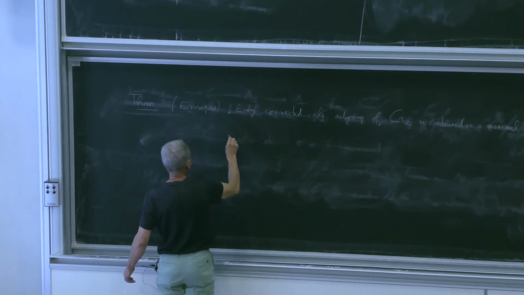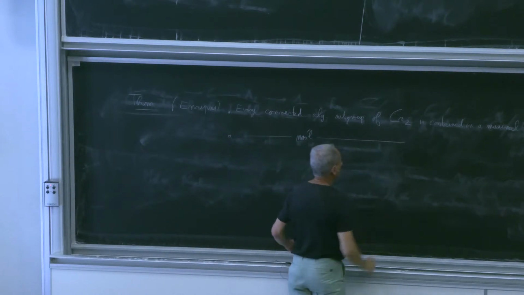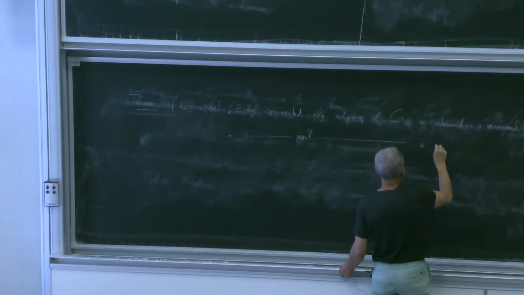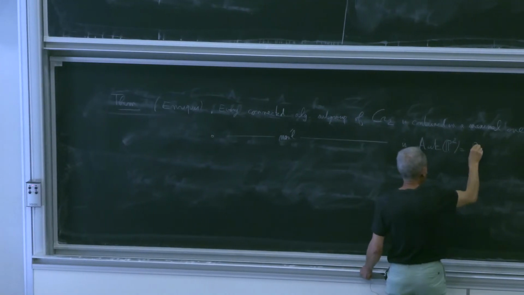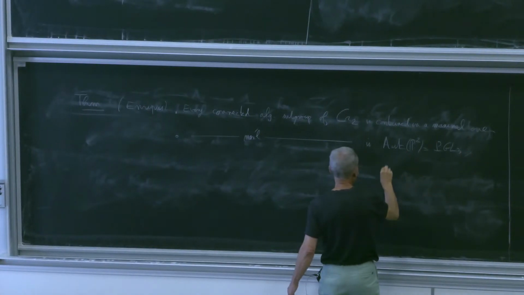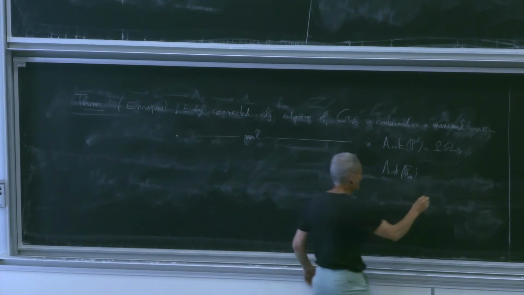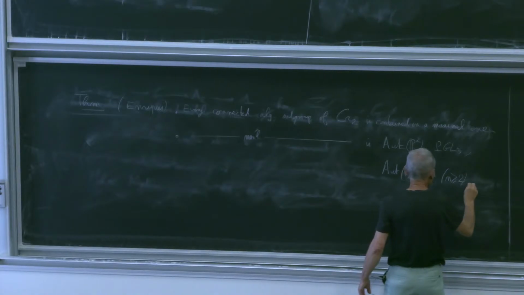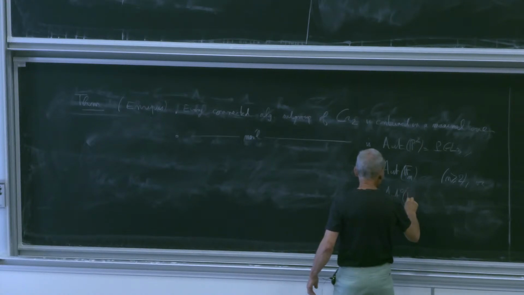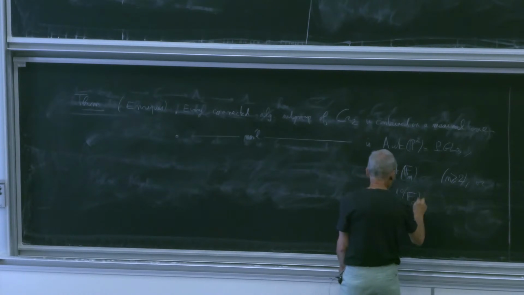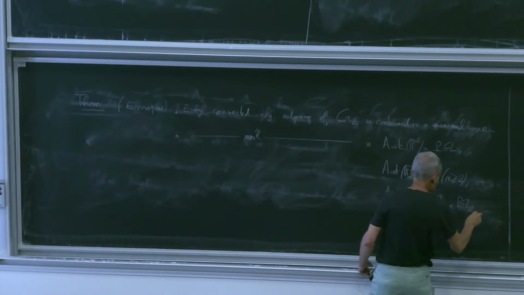And every connected maximal algebraic subgroup of Cremona 2 is either Aut^0 of P^2, which is PGL3, Aut^0 of F_n, and we saw its structure in Jeremy's talk, for n bigger than 2, or Aut^0 of F_0, which is PGL2 times PGL2.